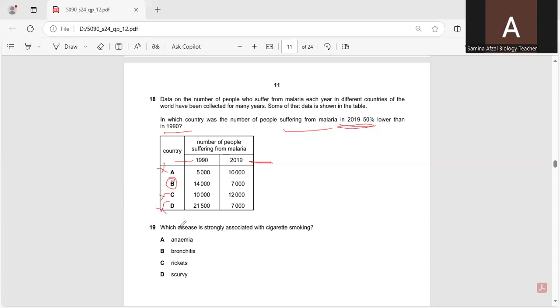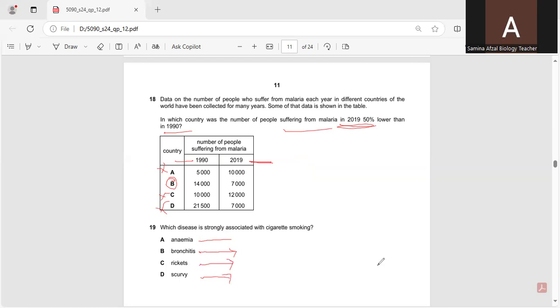Next, question number 19. Which disease is strongly associated with cigarette smoking? Anemia is caused by deficiency of iron. Bronchitis is the inflammation of the lungs, and rickets is caused by deficiency of calcium, which makes bones weak.